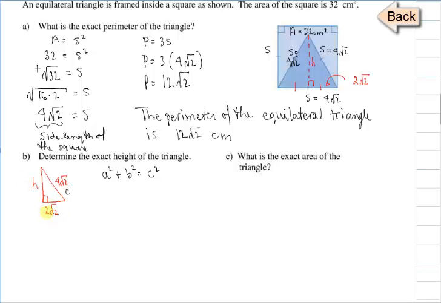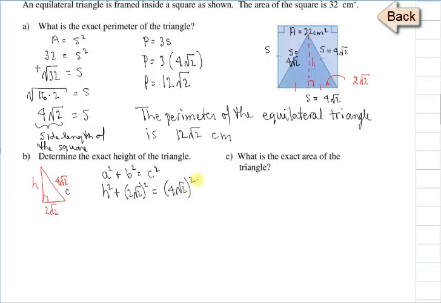It doesn't matter whether the side which has a length of 2 root 2 is a or b. What matters is that the hypotenuse is always designated as c. Okay, so I'm going to say that my a squared is going to be h squared. And then I'm going to plug in 2 root 2 for b squared, and then 4 root 2 for c squared.